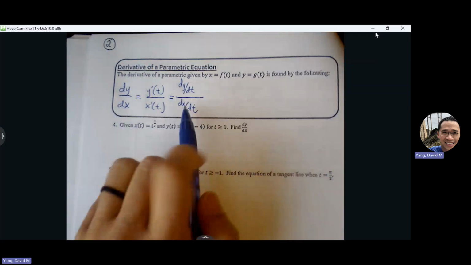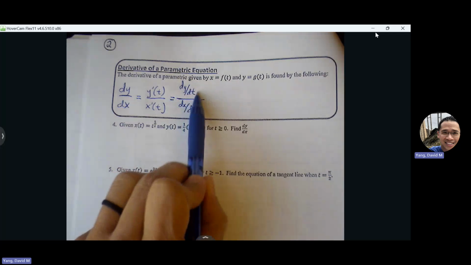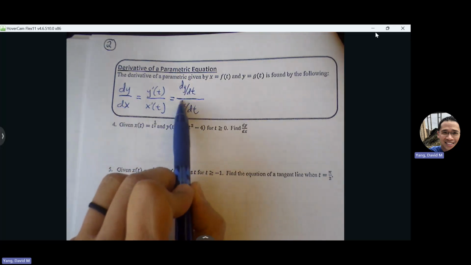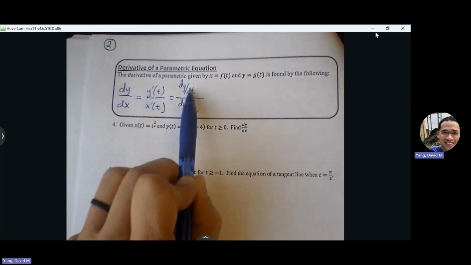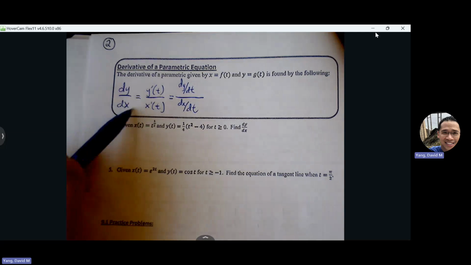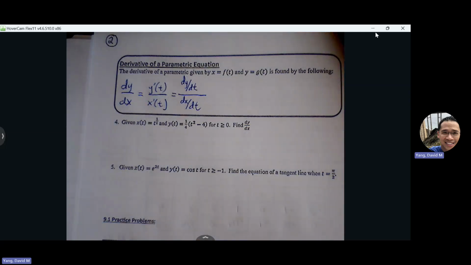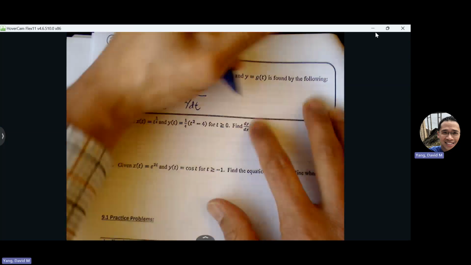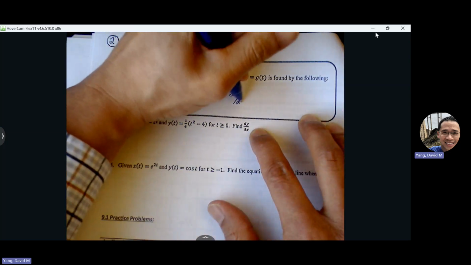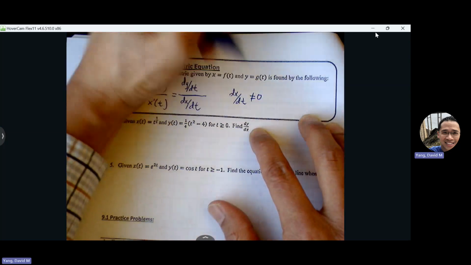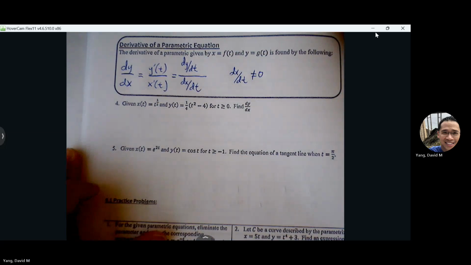Even though there is that parameter time, we can do a y component in terms of t and an x component in terms of t. If we divide them by each other, we're able to get the full slope, or full derivative, for that parametric equation. Oh, and there's an additional condition that dx/dt cannot be equal to 0, otherwise the slope will be undefined.